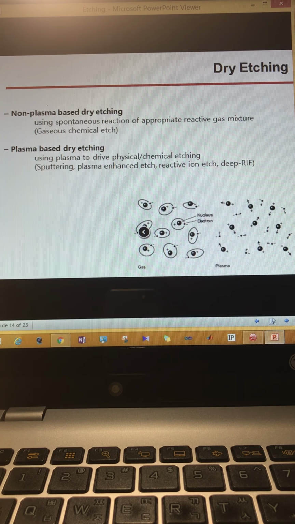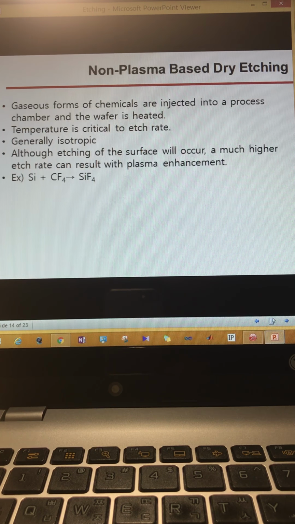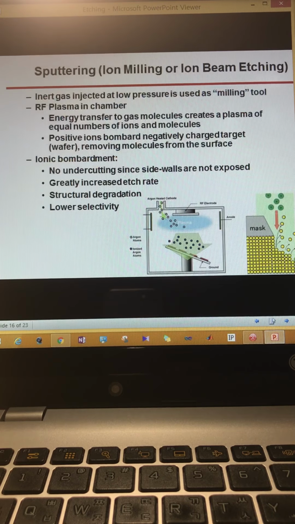It can be divided into plasma and non-plasma, and when there is no plasma, it is used as a gas base, and there are many differences depending on the temperature. Basically, it is divided into ion beam and milling.